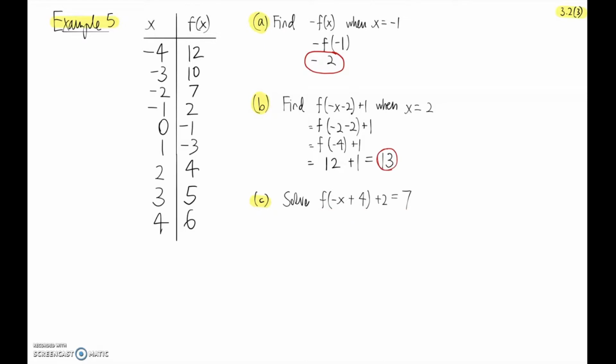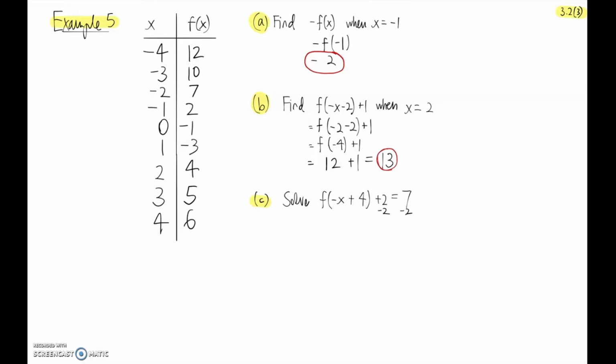Well, I can't really pull that one out of my brain right away, so I'm going to just try to clean things up. This is all one block. I can't separate this yet, but I could move this 2 over to the other side and combine it with the 7. It would be like subtracting 2 from both sides, so I can do that.